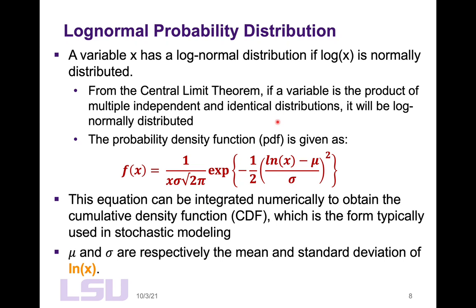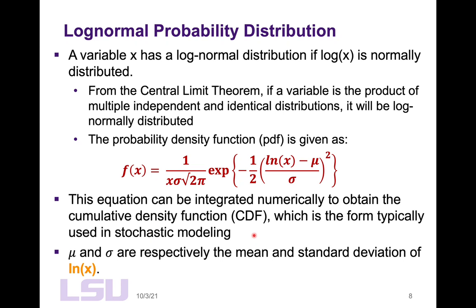So you don't have to memorize this, you just need to realize that this PDF has a mathematical expression, and that's what is implemented in those packages that we are using, precisely in NumPy. This equation can be integrated numerically to obtain the CDF as we did for the normal distribution, and it's the CDF we typically use in probabilistic modeling. Probabilistic, stochastic, they mean the same thing. So we use the CDFs.